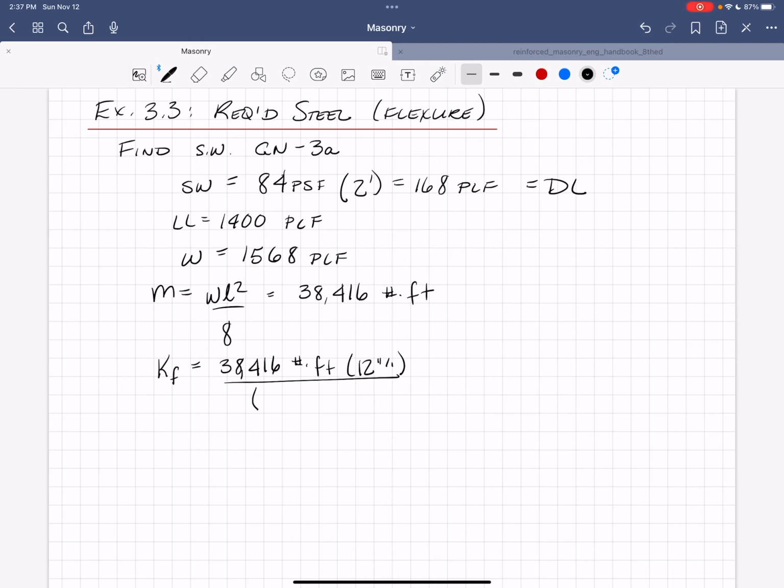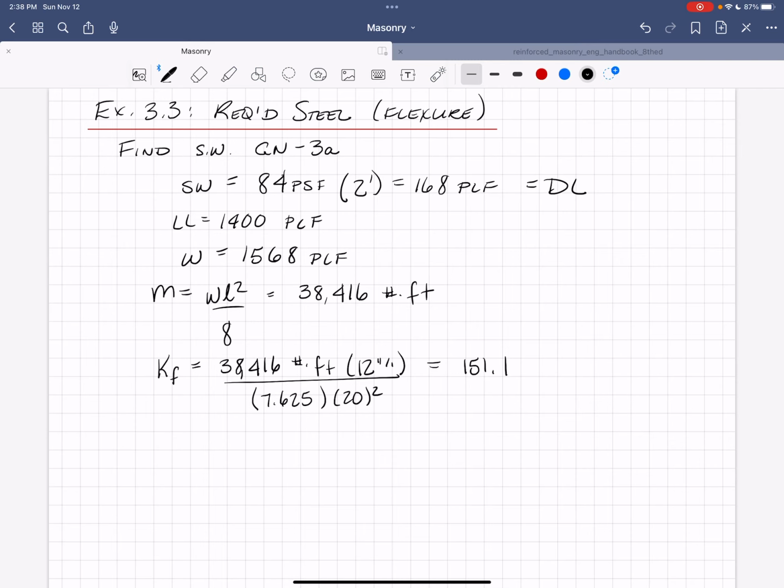It's M over BD squared, right, is what I'm doing here: 7.625 times 20 squared. All right, so the KF value here is around 151, so it's actually 151.1. I would typically just leave it at 151 because I have to go into these tables anyway, but it doesn't hurt to have an extra decimal point of precision.